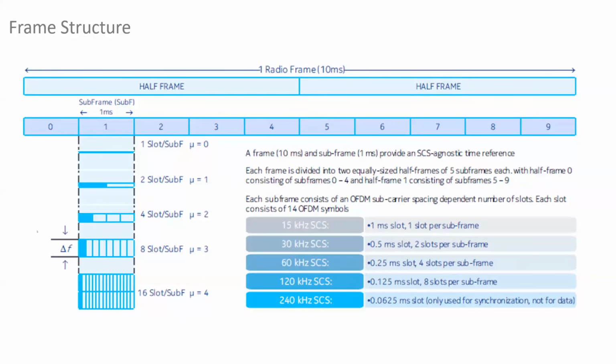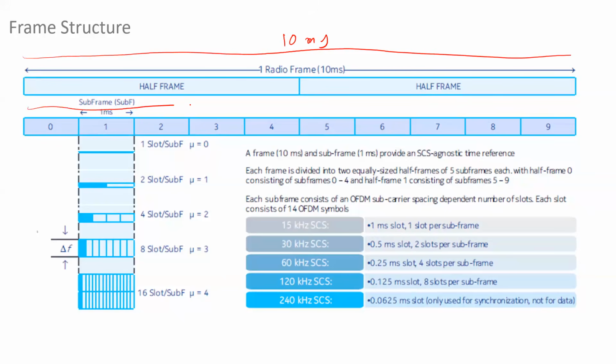In this training, we discussed that in 5G, we have one radio frame of 10 milliseconds, and each frame has 10 subframes. In each subframe, we may have one slot, two slots, four slots, 8 slots, and so on.